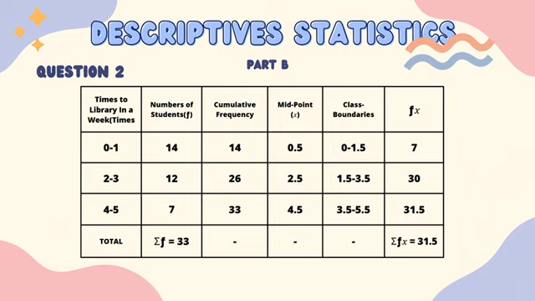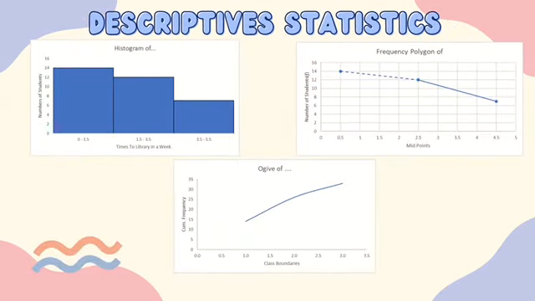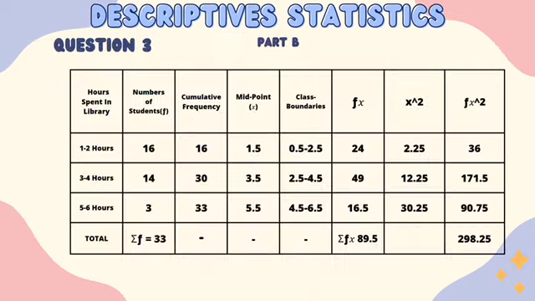With the data we got, we did some calculation to find terms like cumulative frequency, midpoint, and class boundaries. From the terms we get, we use descriptive statistics by making a histogram, frequency polygon, and Ogive graph as shown on the slide.